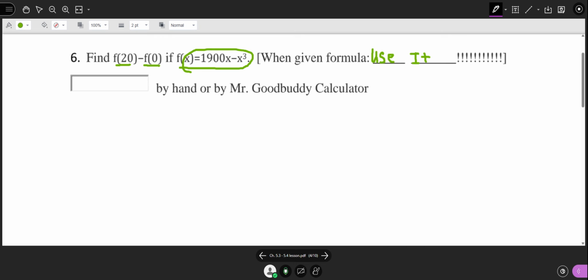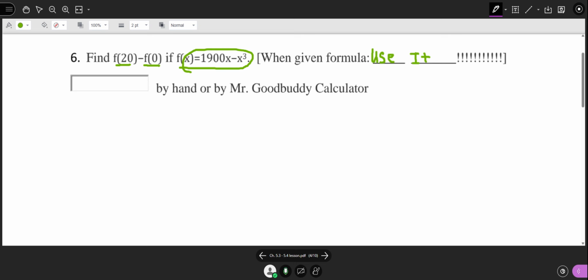So 1900x minus x cubed. Are you ready? Let's put a parenthesis here instead of an x. There we go.